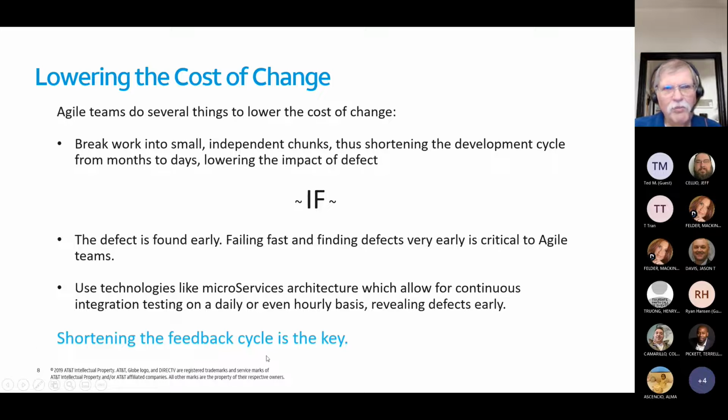Remember this: shortening the feedback cycle is the key to being able to eliminate or lower the cost of defects. This feedback allows us to see what isn't working the way that we thought it would, and gives us an opportunity to make the changes in a rapid fashion.